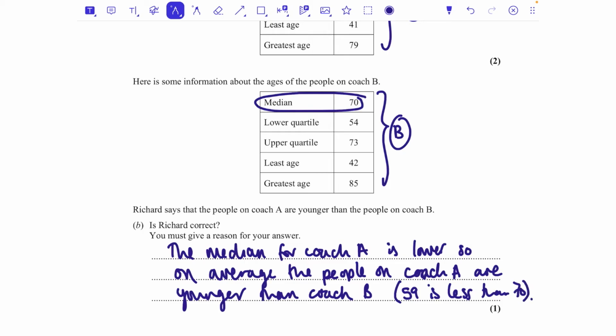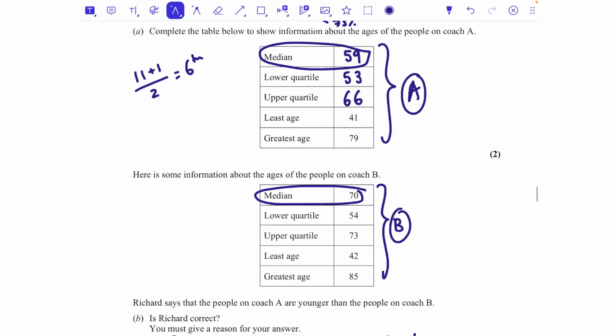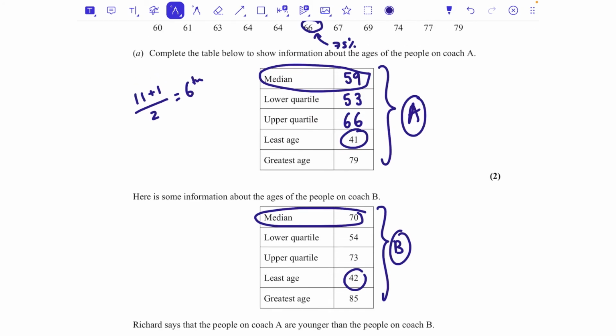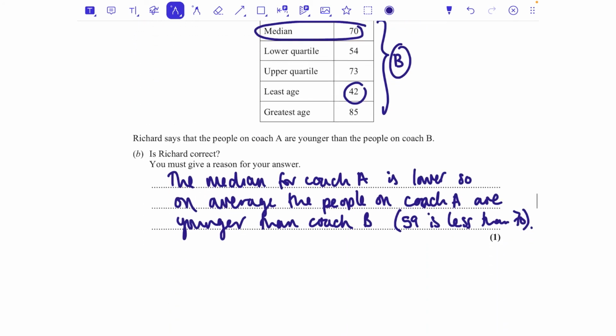There are some other things that you could look at. You could say, well, the least age of coach B is 42 and the least age of coach A is 41. So there is a younger person on coach A, but we want to take all of the data into consideration. So I think this would be the best answer here.